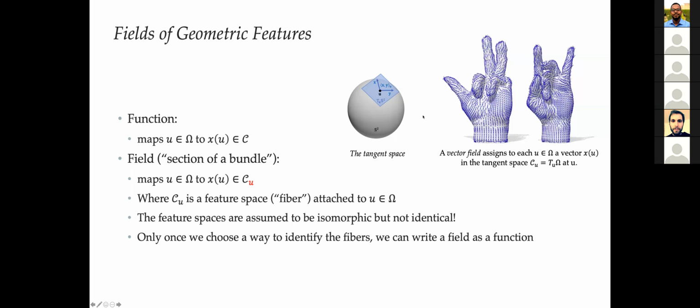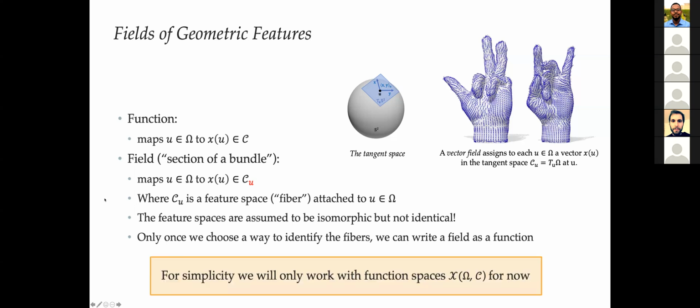It's the best linear approximation of the manifold, is one way to think about it. The vector assigned to the point u has to lie in that tangent plane, but there's a different tangent plane for every point. So essentially, you're mapping to a different space. This can be modeled using the theory of fiber bundles, but as I mentioned, we're not going to talk too much about that. Just good to be aware of it.